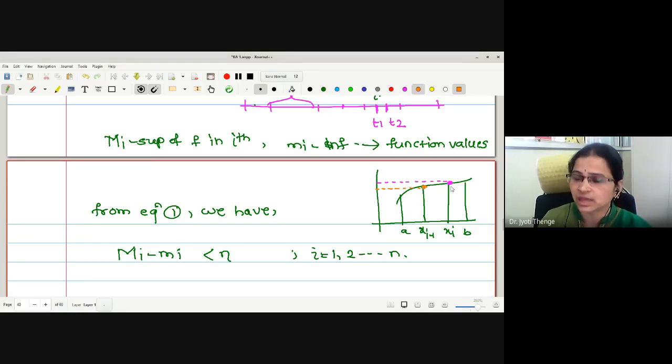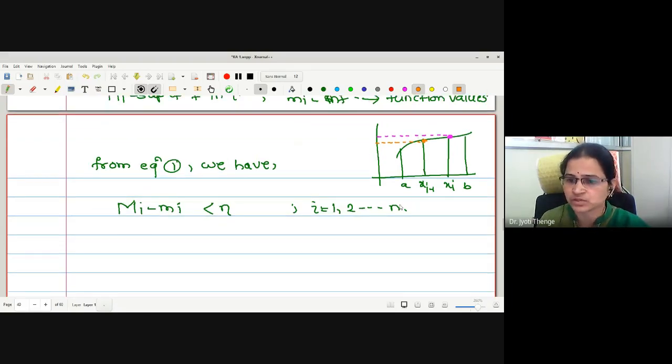Therefore, may I say this f(xi) minus f(x(i-1)). Here, if the function is increasing, Mi is f(xi). If it is decreasing, exactly reverse. Therefore, anyhow, this Mi is some function value, correct?